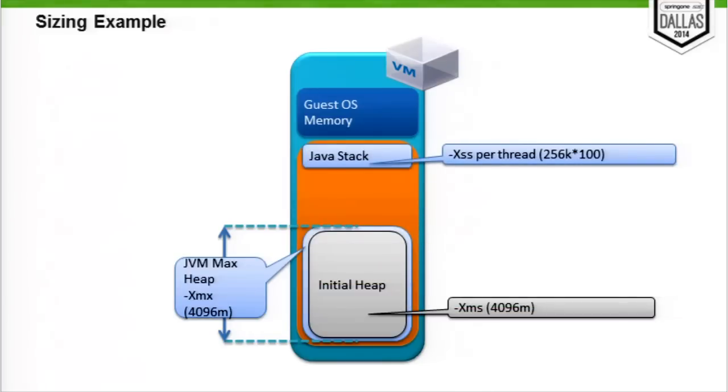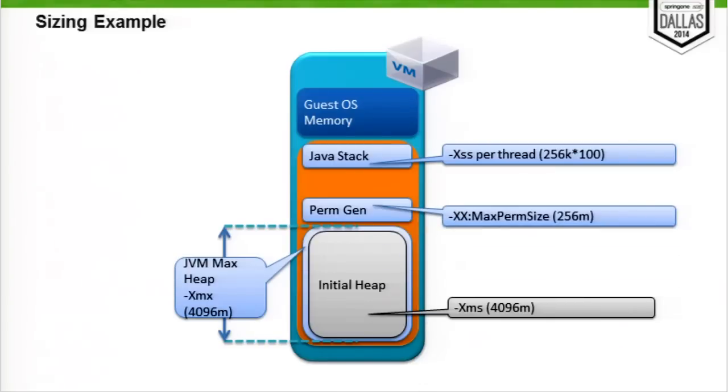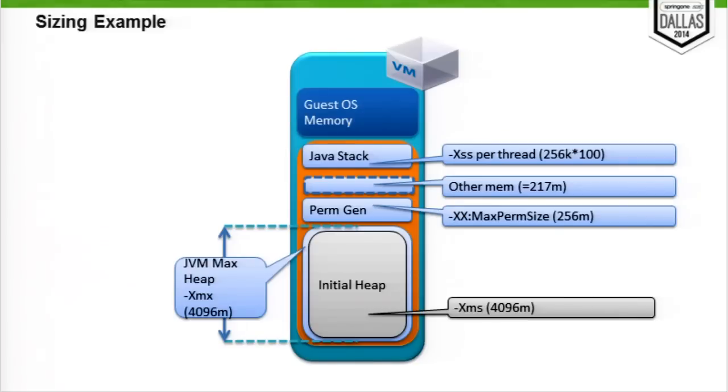Then I'm going to model 100 threads. So I am modeling 100 threads here at 256K. 256 meg is for the application classes. And then other mem section here is about 3 to 5% of this number. Now, other mem section is where the JIT code sits, right?